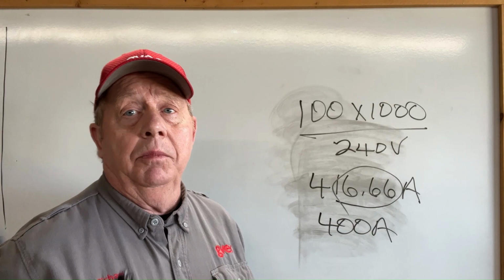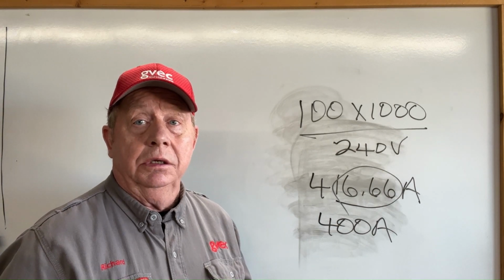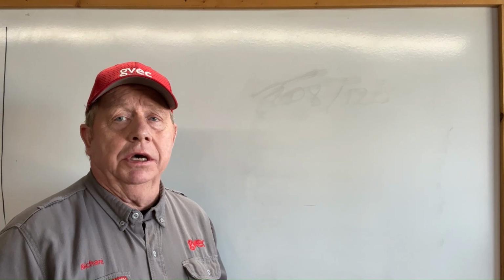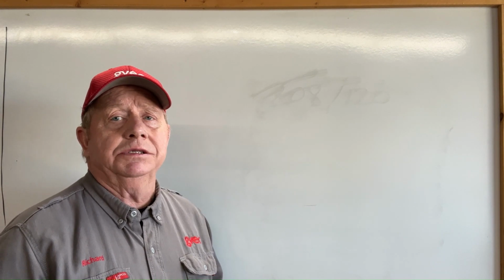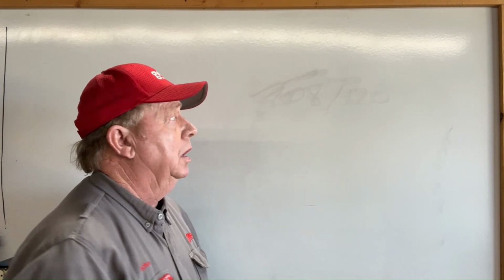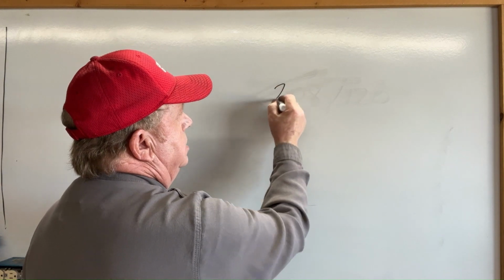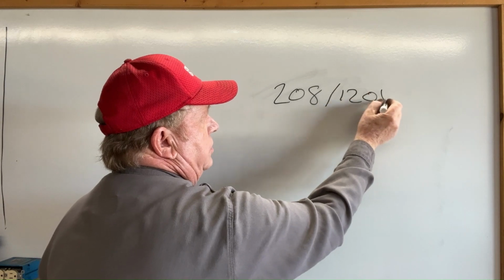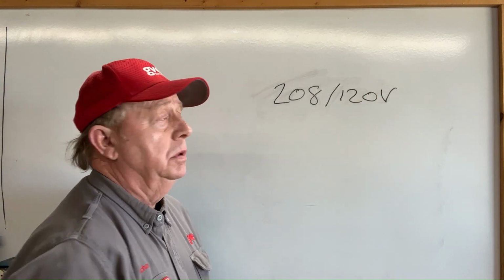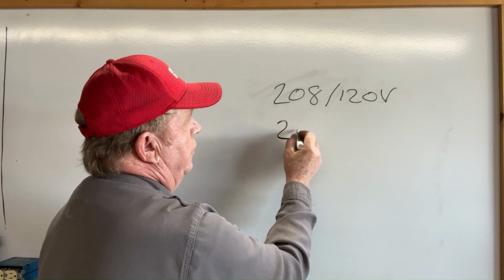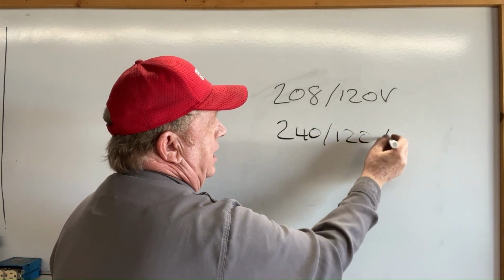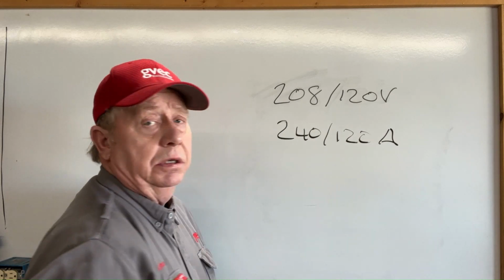All right, now we're going to move into three-phase calculations. In most utilities, the transformer banks that are offered are a Y secondary 208/120 volts, 240 volts, 120 volt delta three-phase.